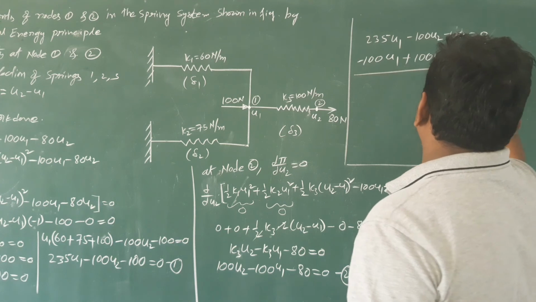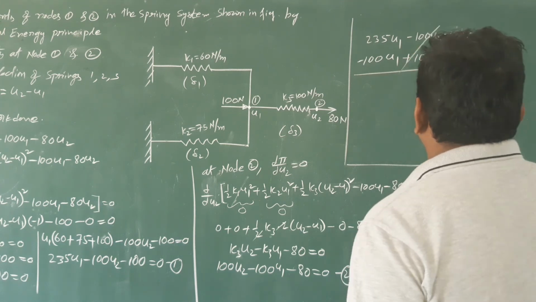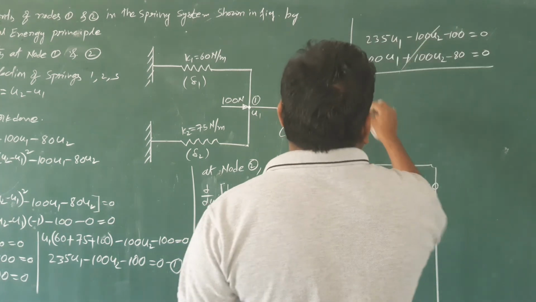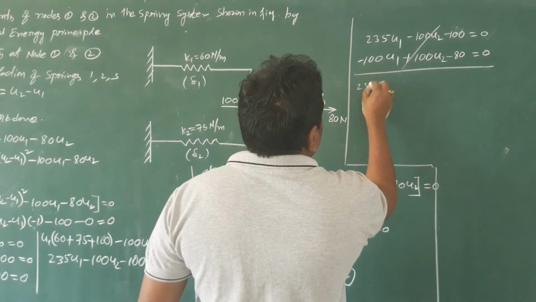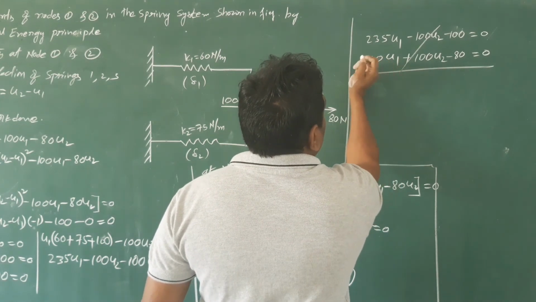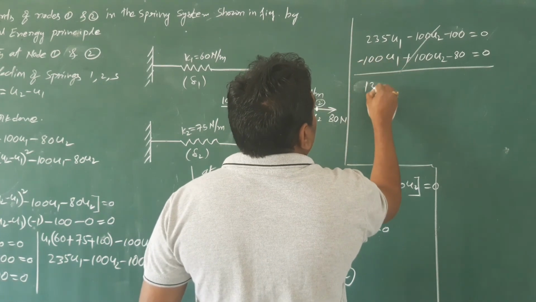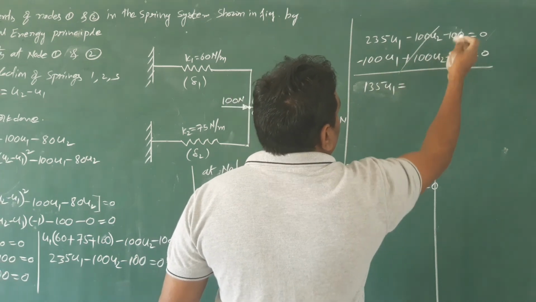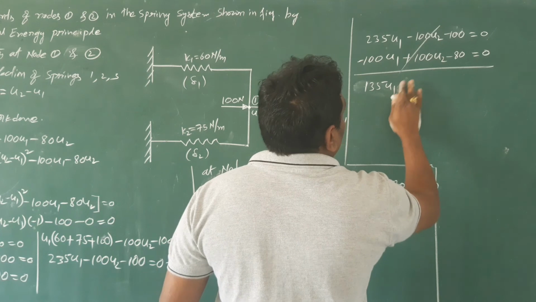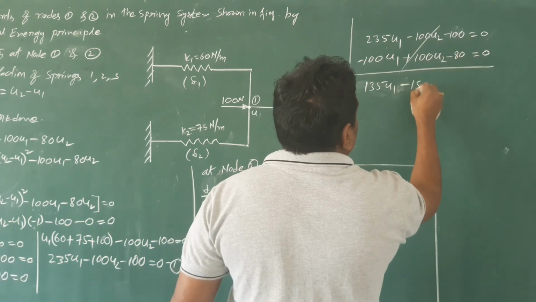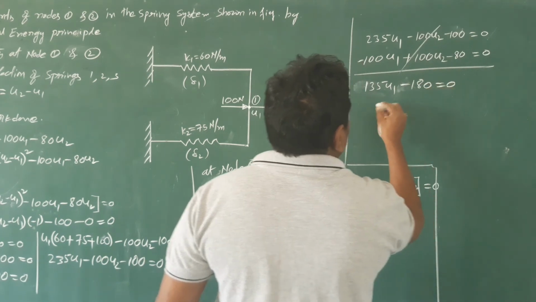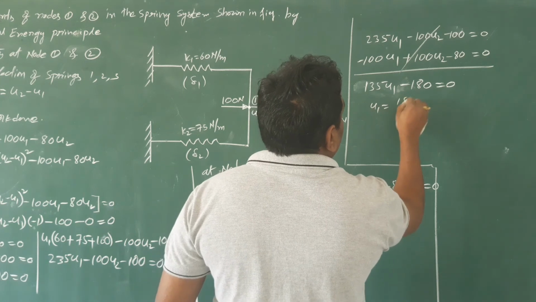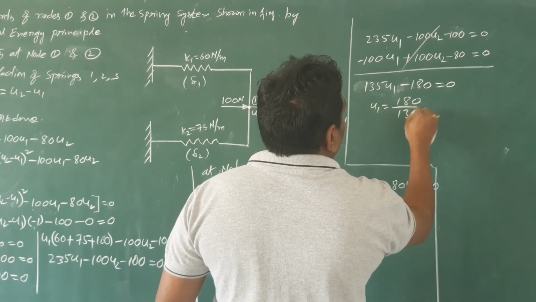After adding these two, the u2 component will become 0, and here 235 minus 100 gives 135 u1 remaining, and the constants add up to 180 is equal to 0. So u1 is equal to 180 by 135.